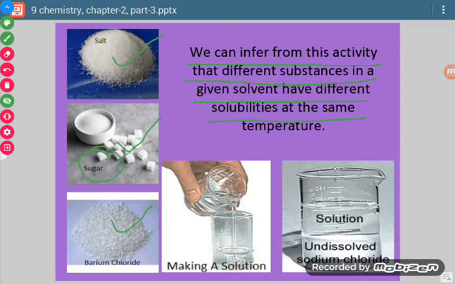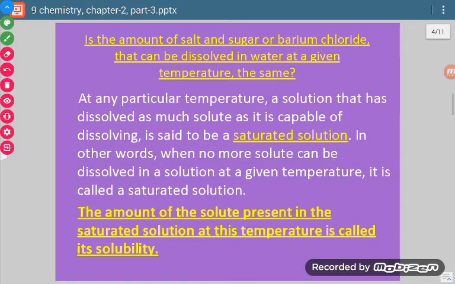Its amount will be different, and the same will not be true for barium chloride. So if we want to prepare saturated solutions of different compounds, the amounts required will be different, okay. This is what this activity suggests.